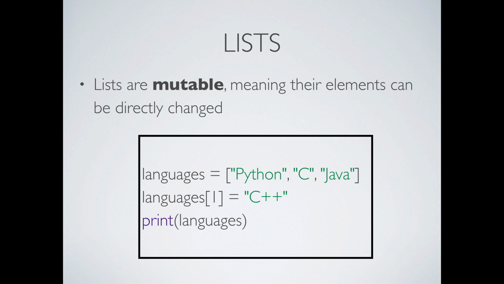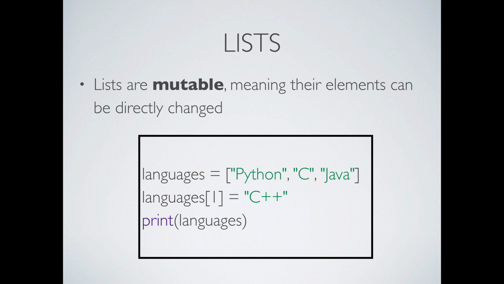So what this second line is actually going to do is it will change the element at position 1 in languages, which is this list here, Python, C, Java. So it will change the element at position 1, which right now is just C, and it will change it to whatever is on the right hand side of this assignment statement here. So if I print languages, it will now print Python, C++, and Java. So this is how you can directly change an element that's in a list that's already been created.